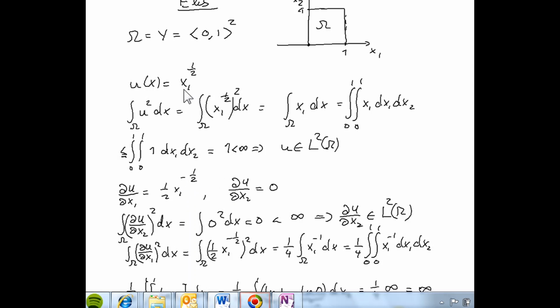On the other hand, since this function does not depend on x2, the partial derivative of u with respect to x2 is, of course, 0.